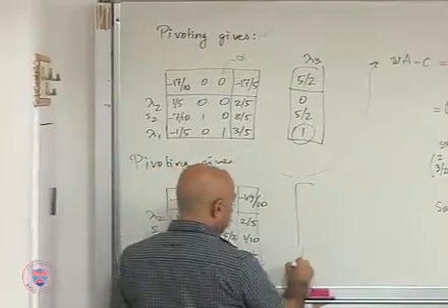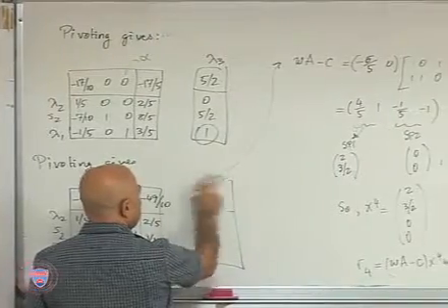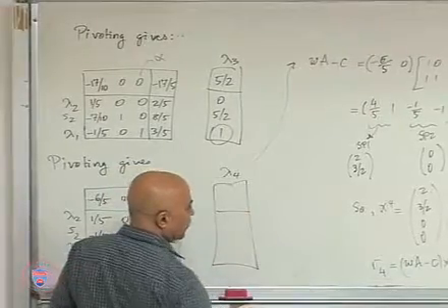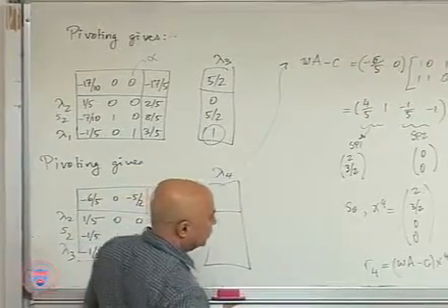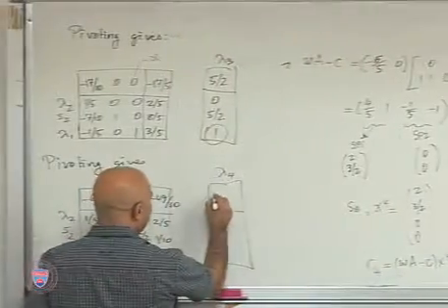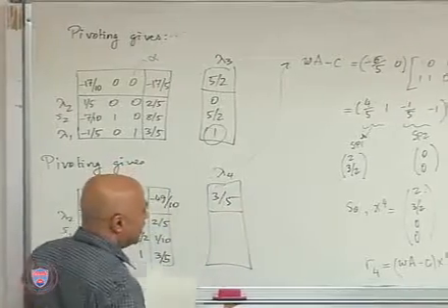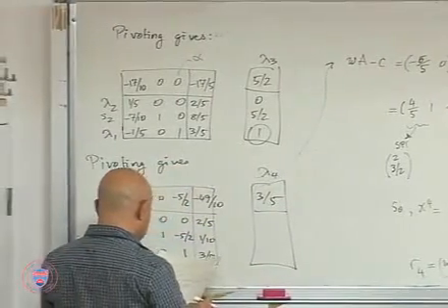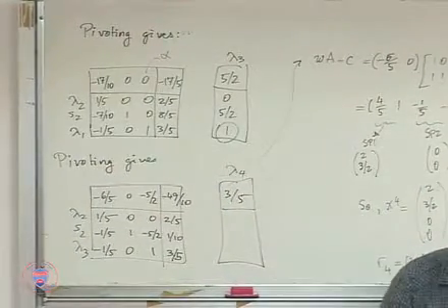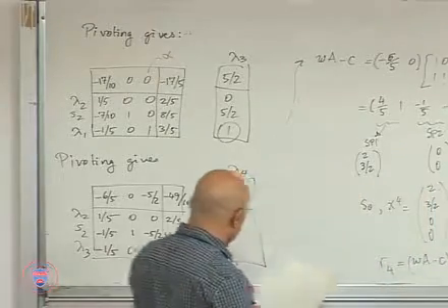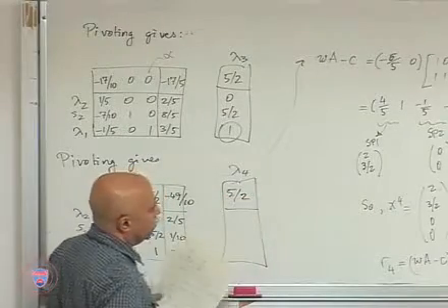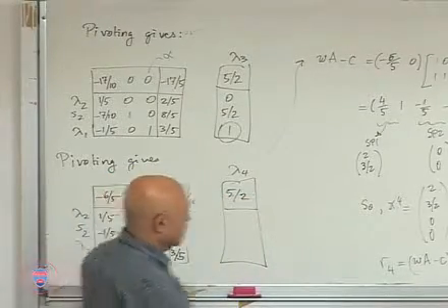Okay, so here we've got lambda4 now. The reduced cost is, what was it? 3/5? Where was it? I wrote it somewhere, but I forgot now. No, it's not 3/5. It's 5/2. Where did I write it down? Oh, okay, here.